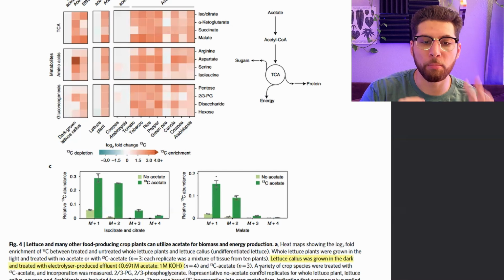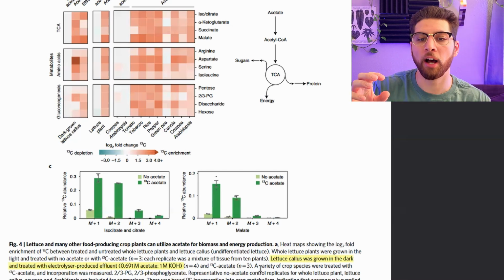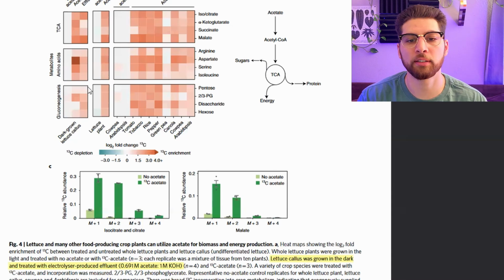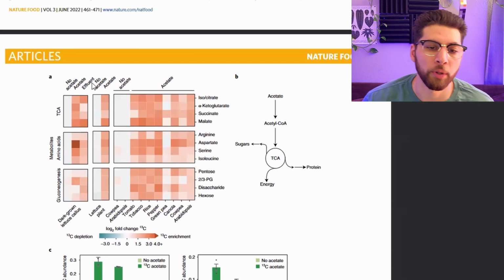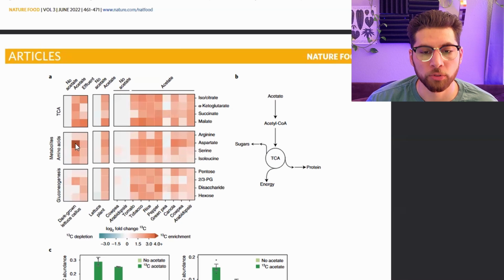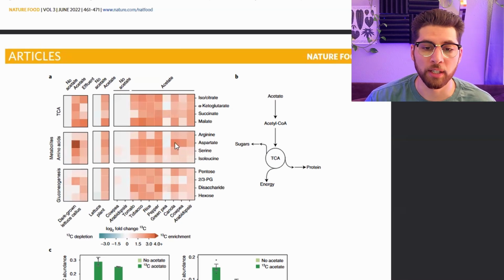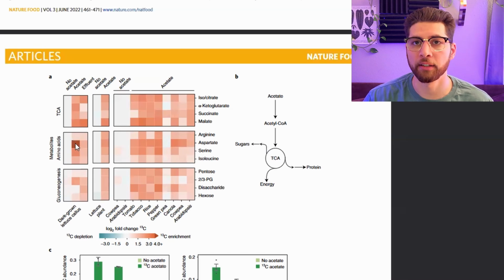And there are methods to see C13 containing molecules, and that's what this heat map is showing here. So we have darker red, meaning there's more of these molecules in the rows in these plant conditions that contain carbon-13.